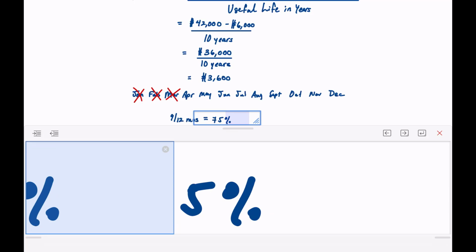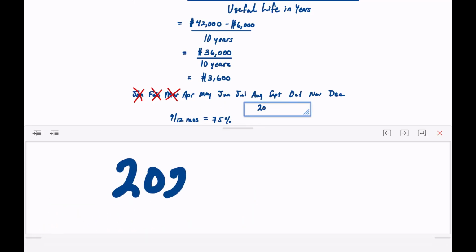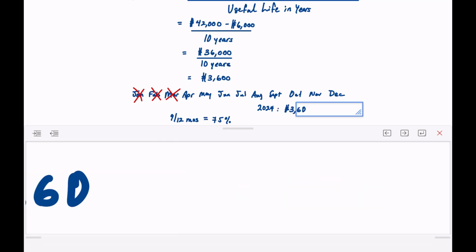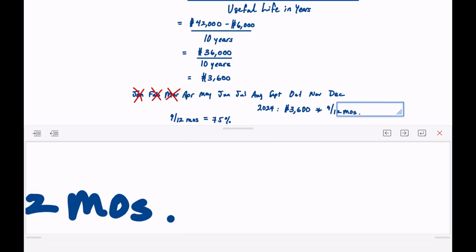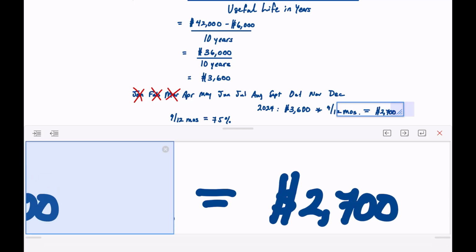Okay, so we are going to say our 2024 depreciation is going to be 3,600 multiplied by 9/12. Okay, and so this will work out to what? 3,600 times 9 divided by 12 gives us 2,700 of expense for 2024.